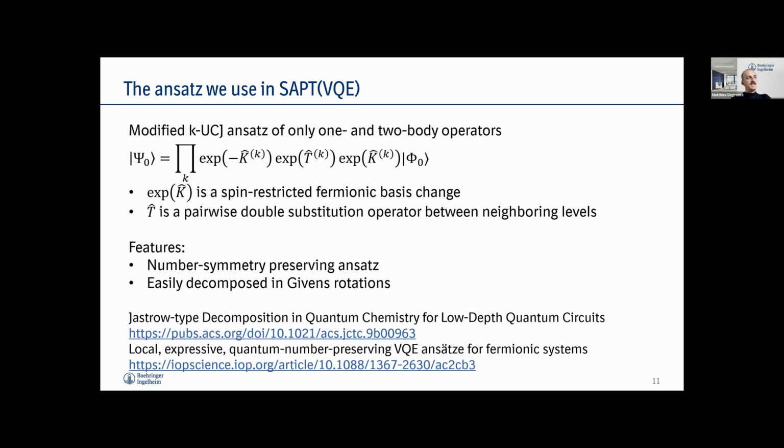You can see that's the first link on the slide, where they take a cluster ansatz that consists of density-density interactions, and they put amplitudes in front of it, and they use this as a sort of coupled cluster. We take another approach, and instead of density-density, we have a pairwise excitation, but only between neighboring levels. So you can only jump from level 0 to level 1, and from level 1 to level 2, and so on, of course.